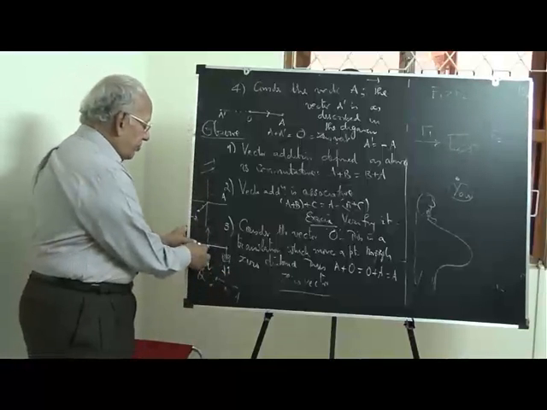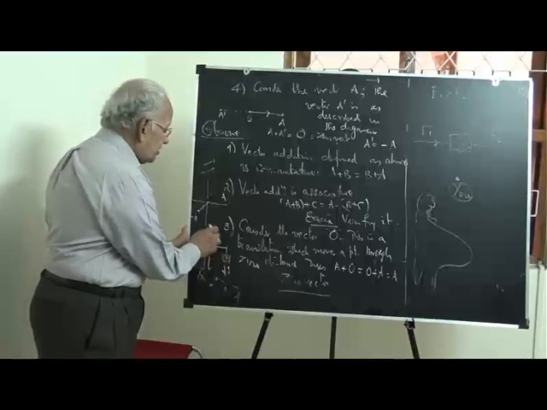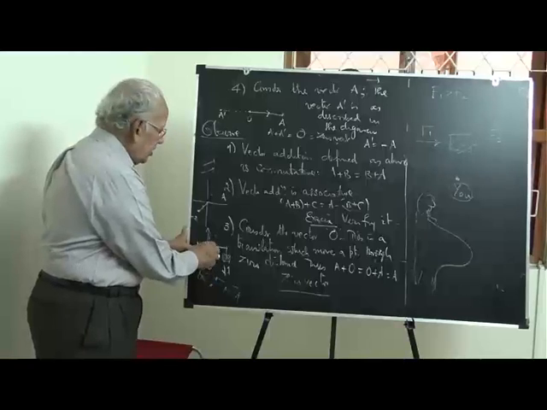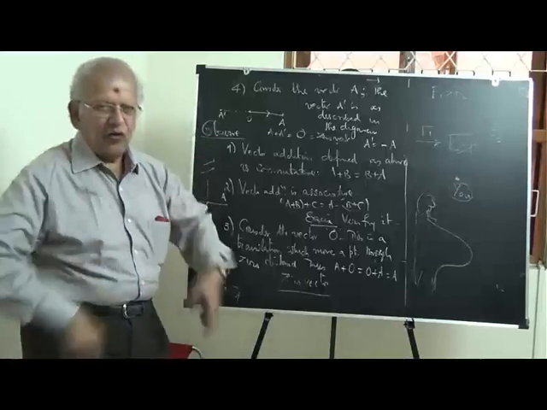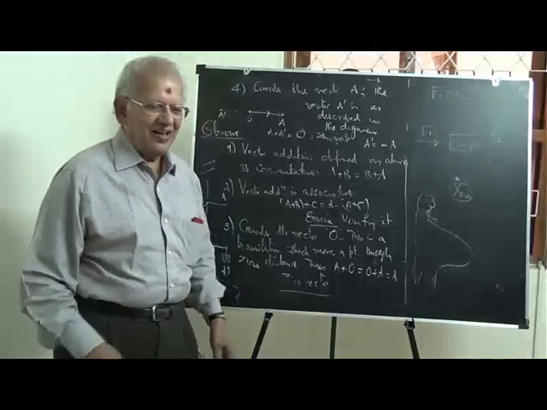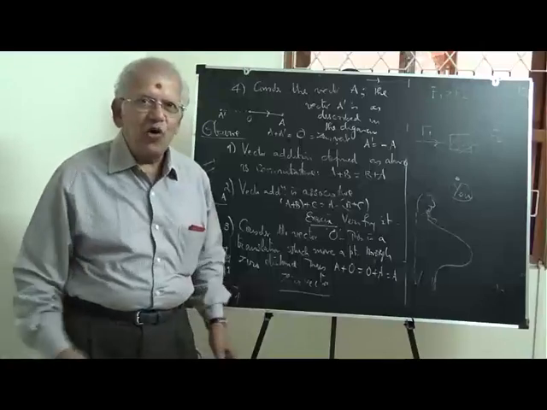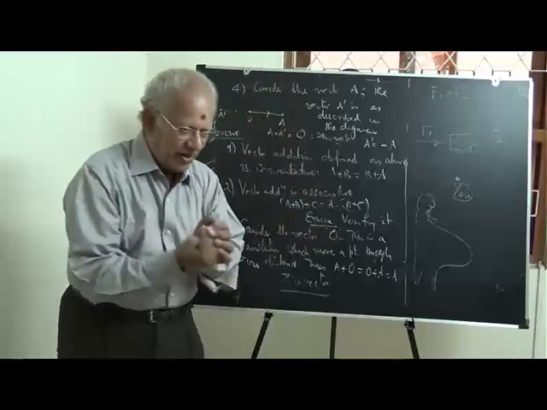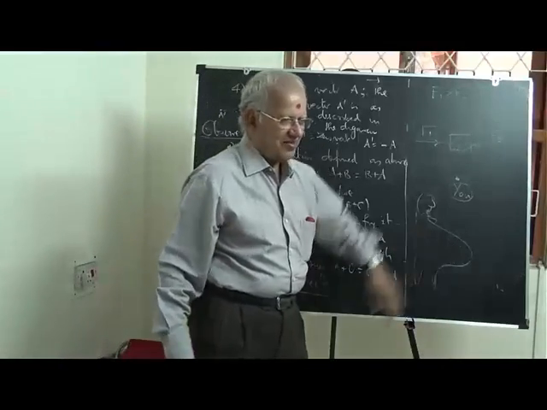But that cannot be here or here. That has to be at precisely one point. That you call the center. That's where the resultant acts. Similarly, all my parallel forces will be replaced by one resultant acting at one point. That you call the center of gravity of the body.